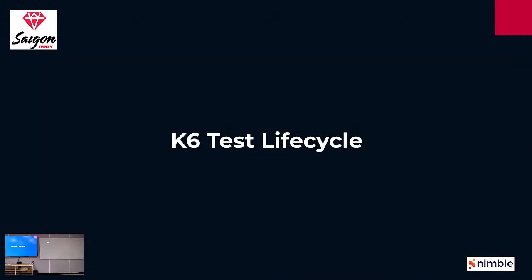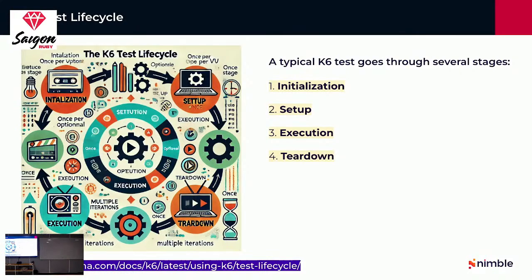To make our test script more efficient, we should understand the life cycle of k6, so we can prevent code duplication or resource waste. A typical test goes through several stages. The first one is initialization, where we define our configuration and resources.